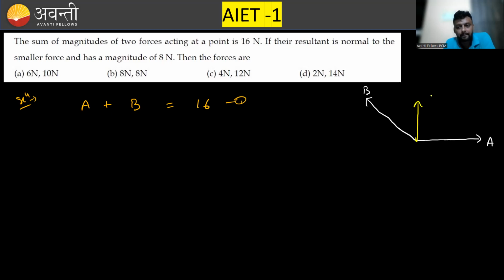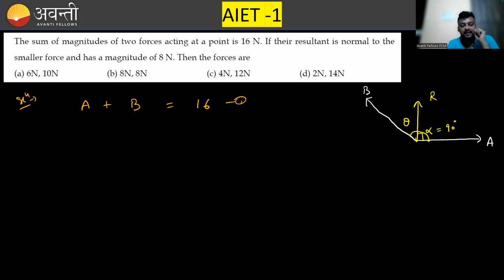This is the resultant. Is perpendicular to the smaller one, and this angle is alpha. Let's suppose alpha is 90 degree. Done. And the total angle between A and B is theta.